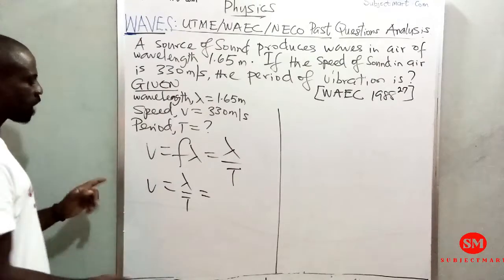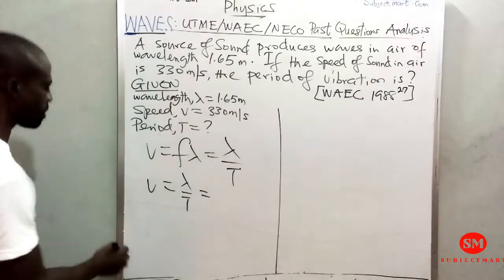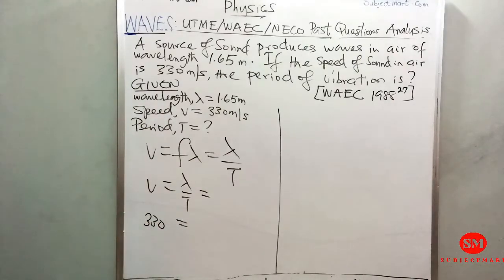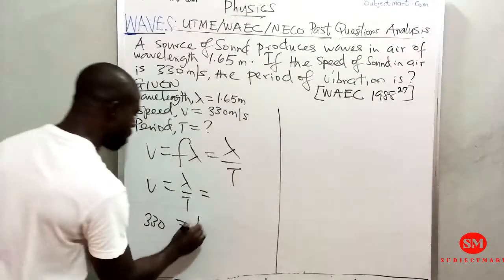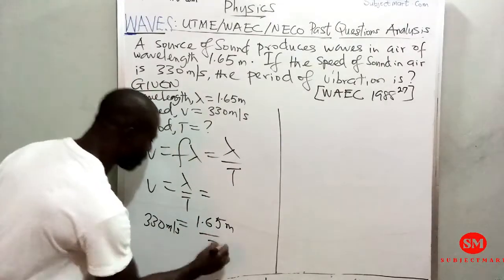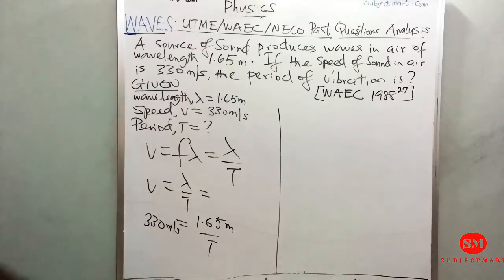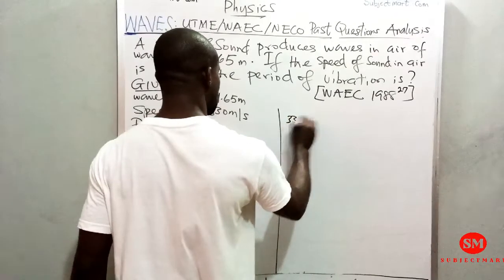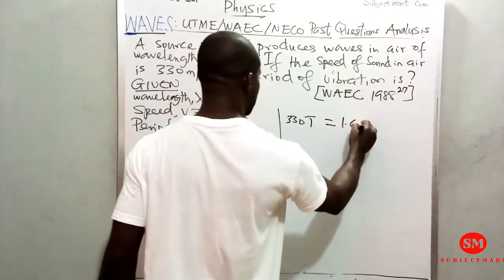Now we are given v as 330 meters per second, then our lambda is 1.65 meters, over period. So we multiply, and then we have 330 t equals 1.65.